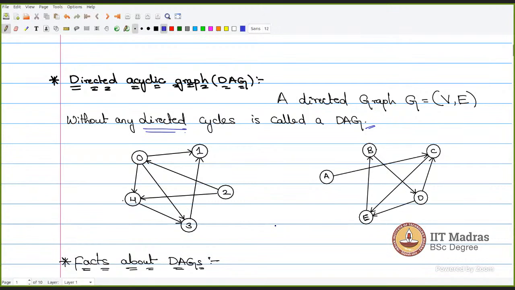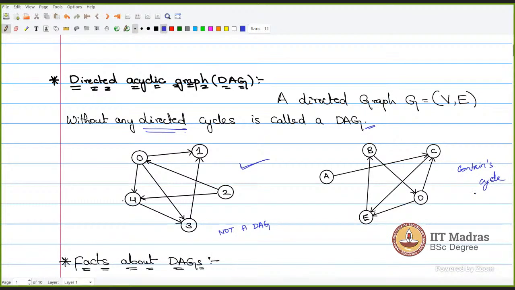The second one has a cycle. Second one has two cycles. First is a DAG, right? Yes, sir. Second has a cycle. First is a DAG.